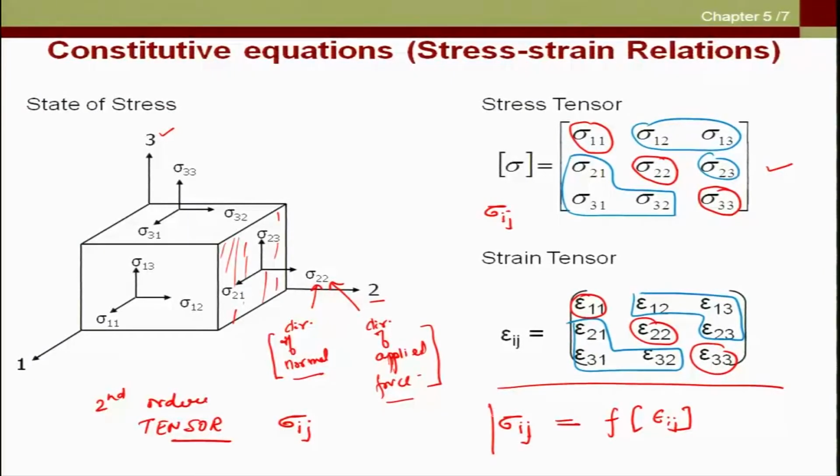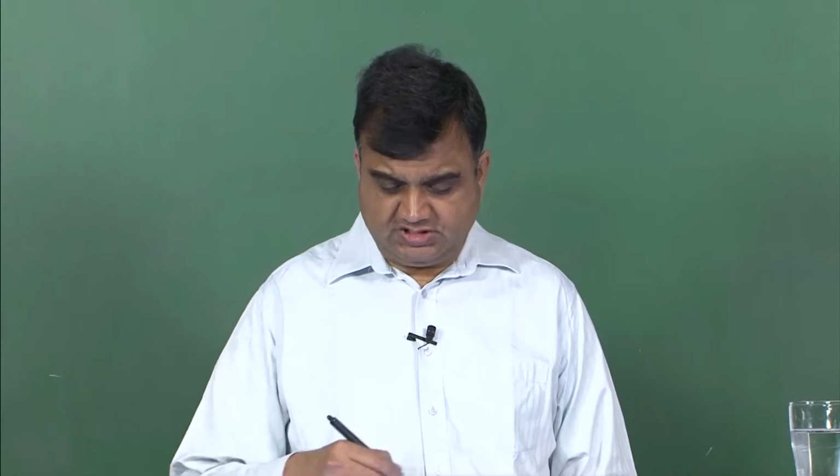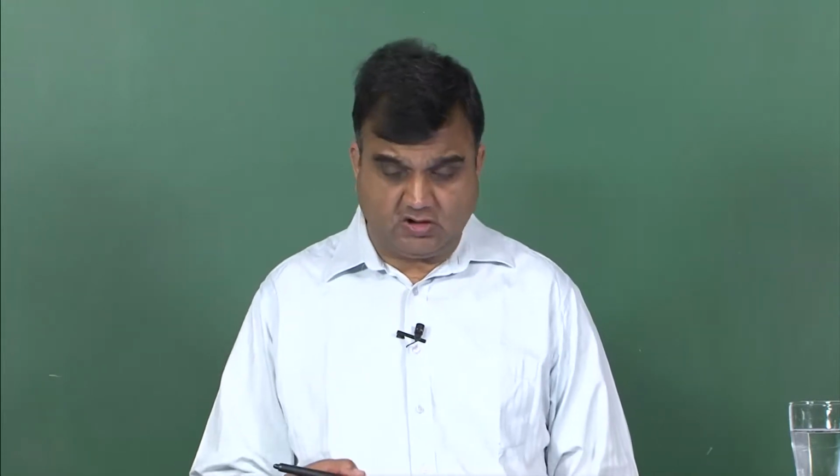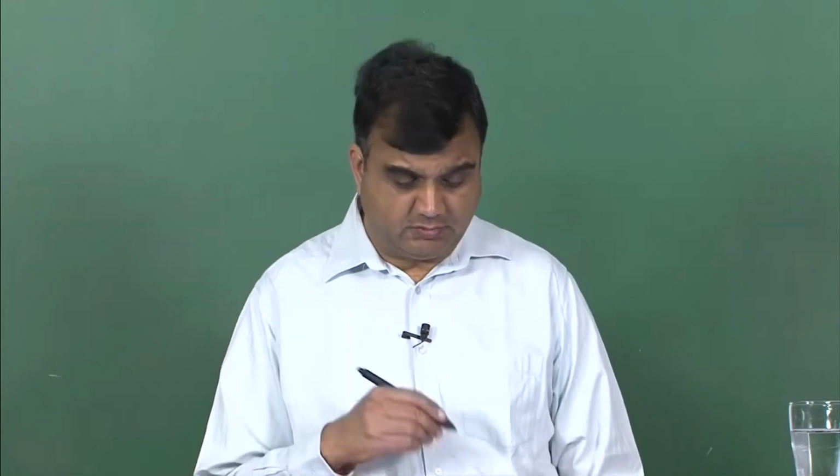This is the relation we will develop, and then we will call that relation the Hooke's law for generally anisotropic material. Then we will start working on that and finally come down to isotropic and much simpler materials. That is what we plan to do in our next class. So, please remember this terminology, as it is what we will use starting from our next class.